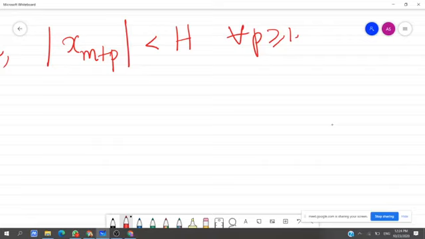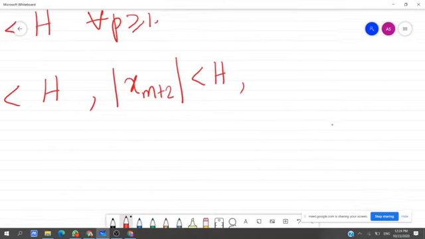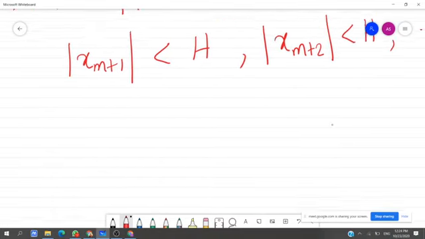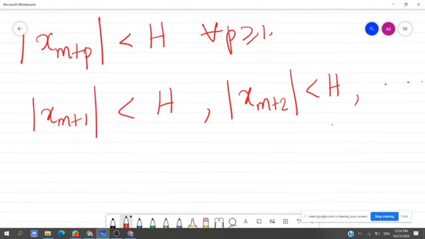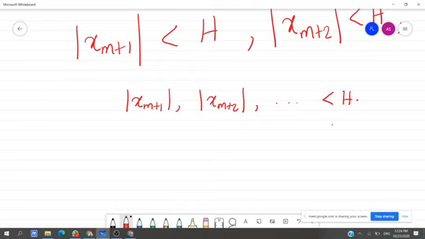What does it mean? Whether p equal to 1 or p equal to 2, the m plus 1th term, the m plus 2th term, everything from the m plus 1th term onwards is less than epsilon. All the terms starting from xm plus 1 are less than H, a positive number H.